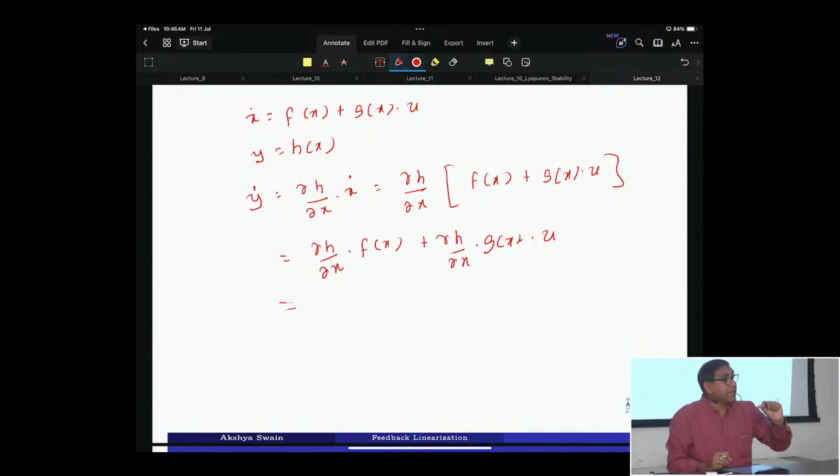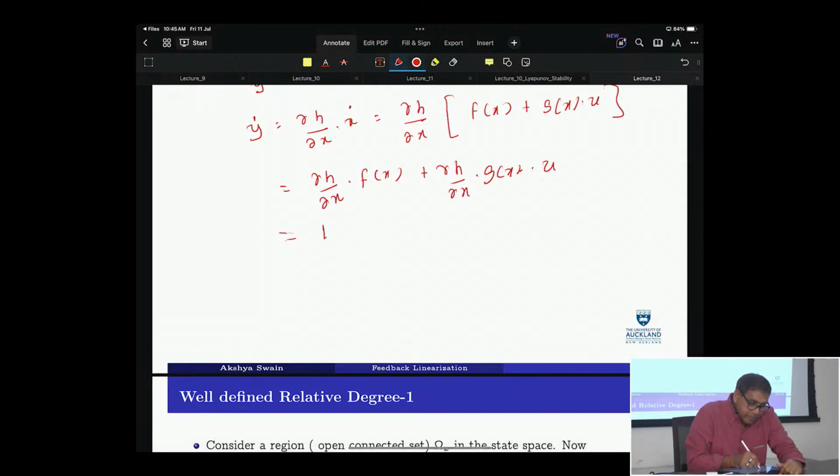Del h over del x in the direction of f is L_F H, and in the direction of g is L_G H, times u. That is equal to y dot.